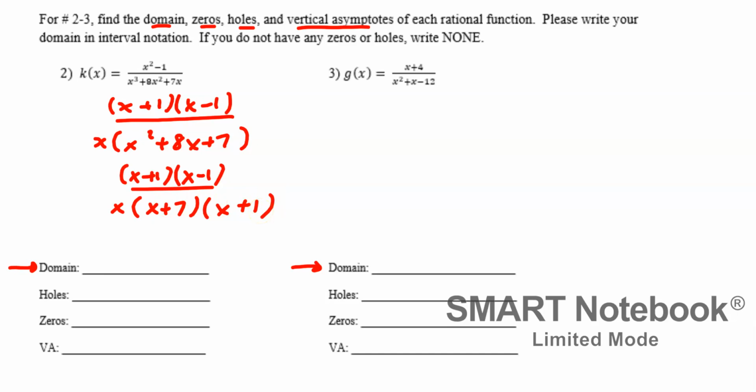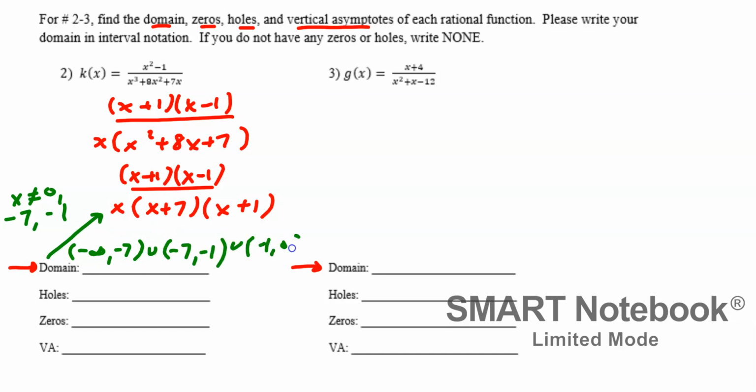Before I cross anything out, my domain has to do with my denominator. I can see that x cannot be 3 values. It cannot be 0, cannot be negative 7, and it cannot be negative 1, which means my domain is everything else. Negative infinity to negative 7, union negative 7 to negative 1, union negative 1 to 0, and then from 0 to infinity.